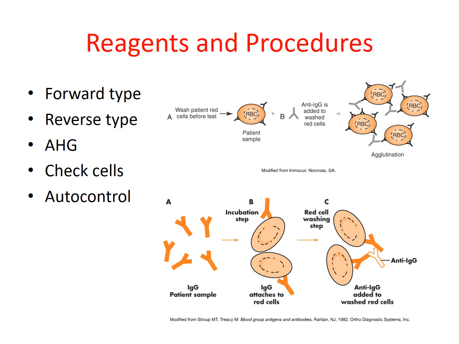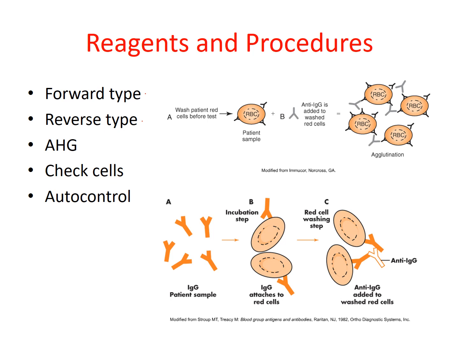What are the parts of the different procedures, the reagents and the procedures? In a forward type, you have your patient red blood cell against known antisera. In the reverse type, you have patient serum against known cells. So what are you looking for in those?